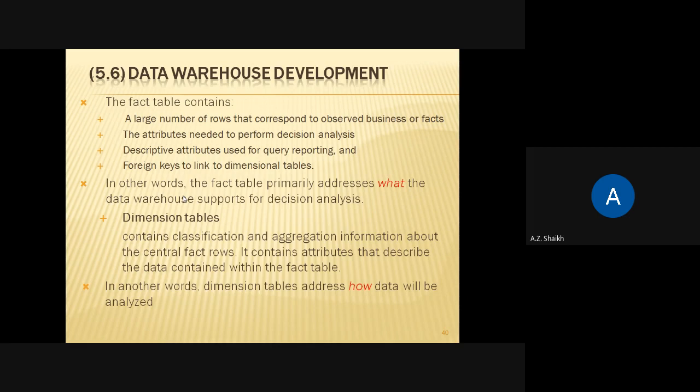Okay, now after that, as I just told, the star schema has a central table called the fact table, and it is surrounded by other tables called dimensional tables. Now we are discussing what the dimensional table consists of. The dimensional table contains the classification and aggregation information about the central fact rows.